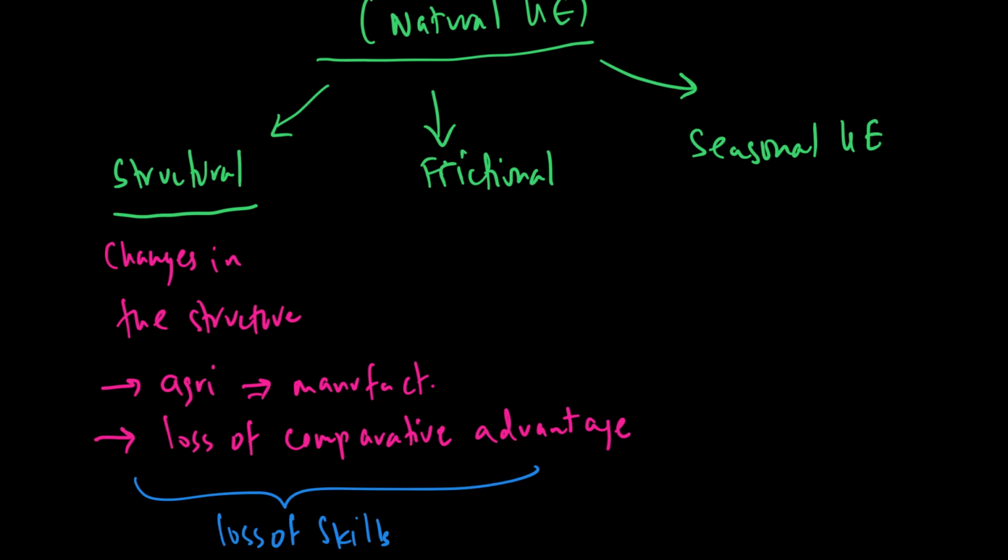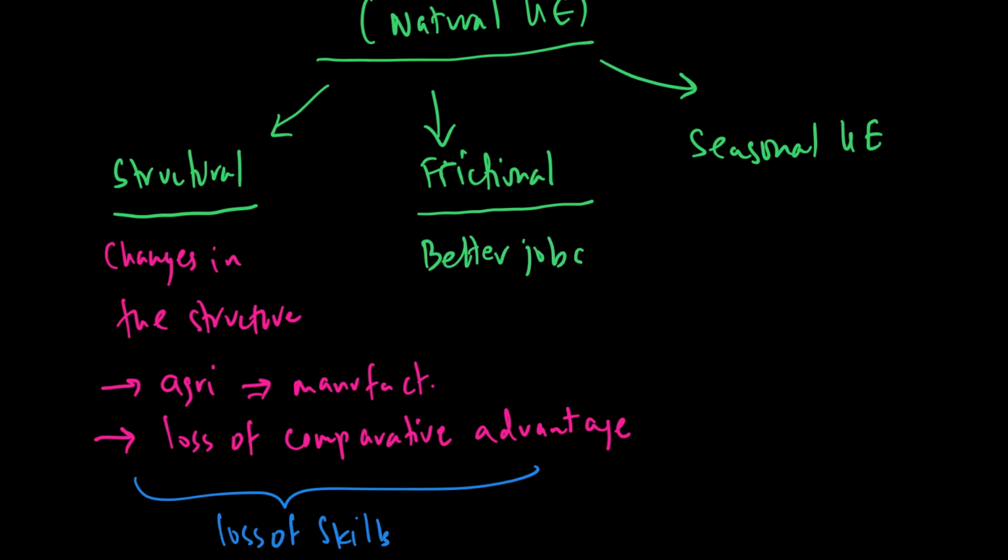When it comes to frictional unemployment, we say frictional unemployment happens because people are voluntarily out of work, and they're voluntarily out of work because they're looking for better jobs.